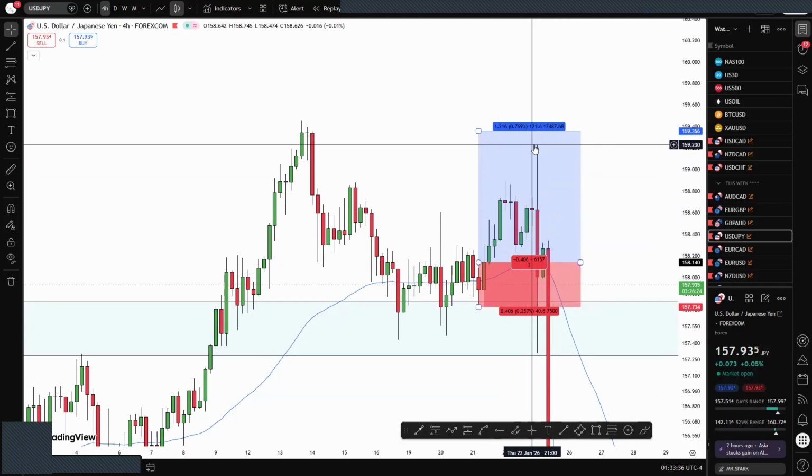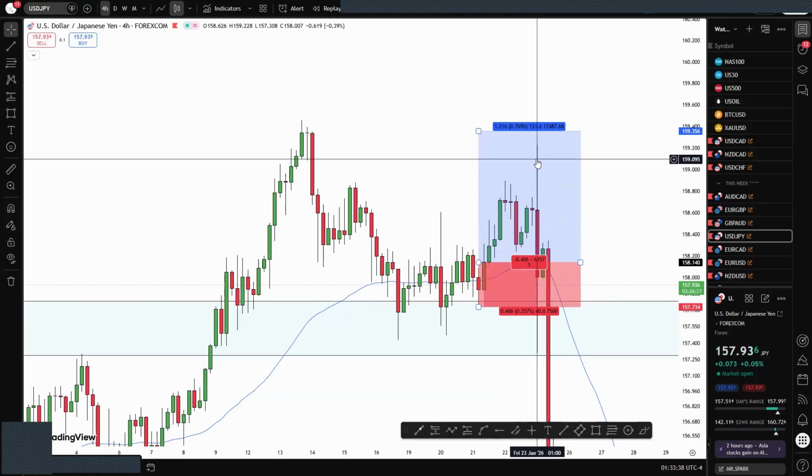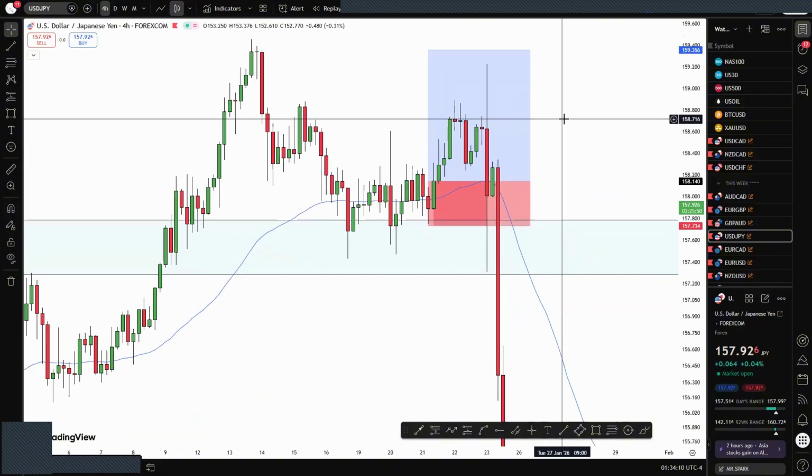If you were actively trading on Friday, 23rd January 2026, around this same 8 a.m. 4 hour candle, and around 4 a.m., 3 a.m. there, before the 5 a.m. candle, that's when this happened.